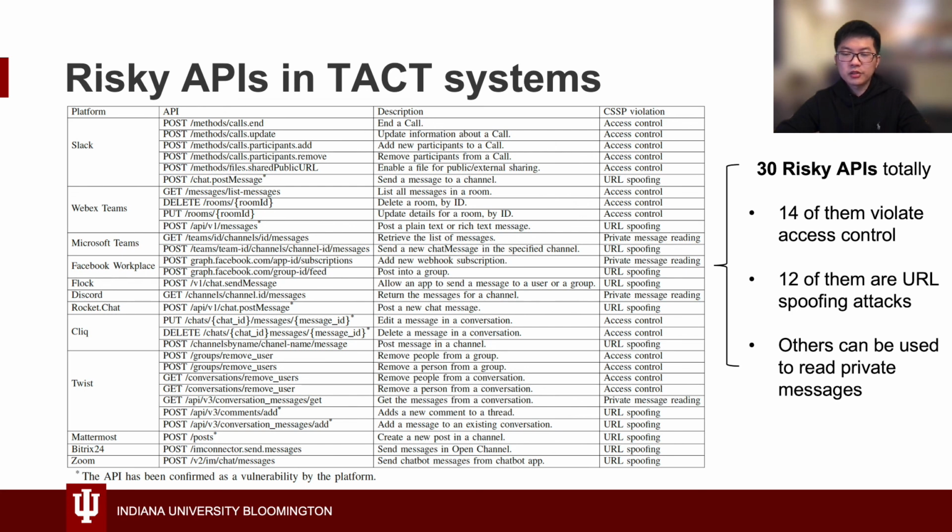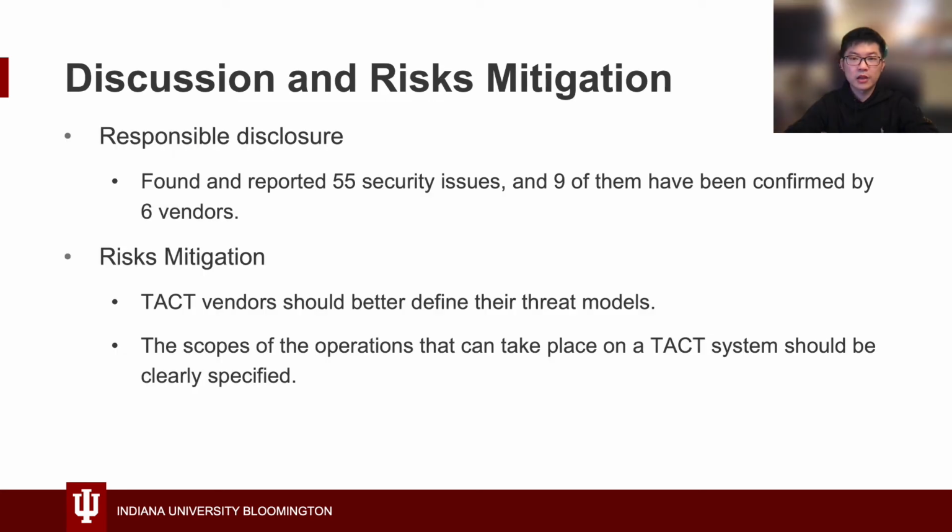As shown in the table, 14 of them violate access control. 12 of them are URL spoofing attacks. Others can be used to read private messages. Finally, we found and reported 55 security issues, and 9 of them have been confirmed by 6 vendors.